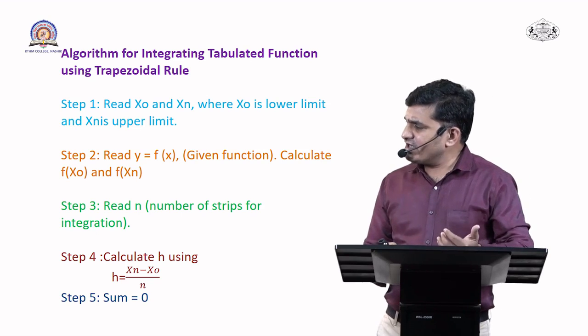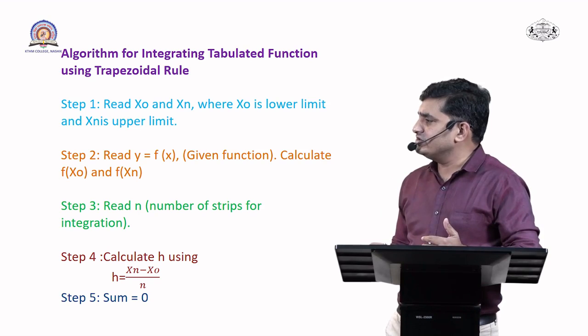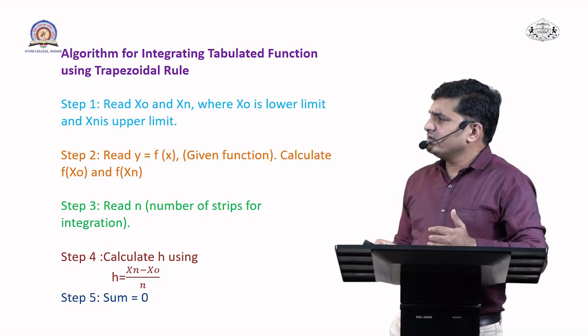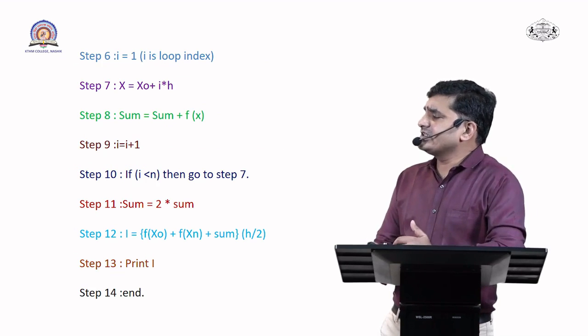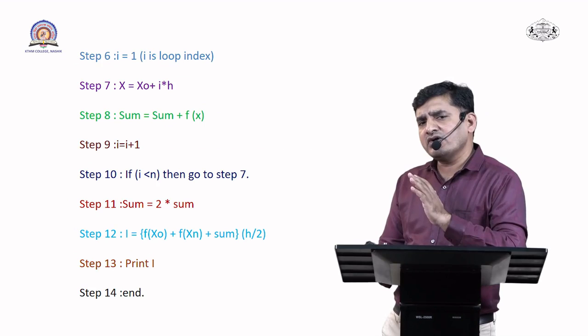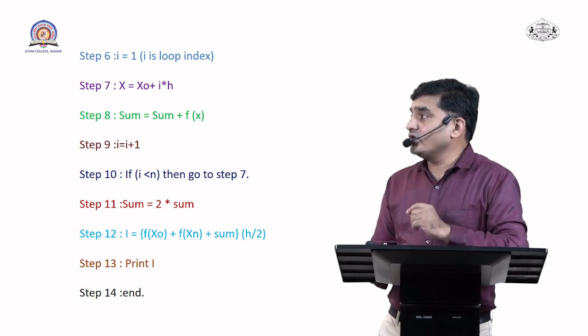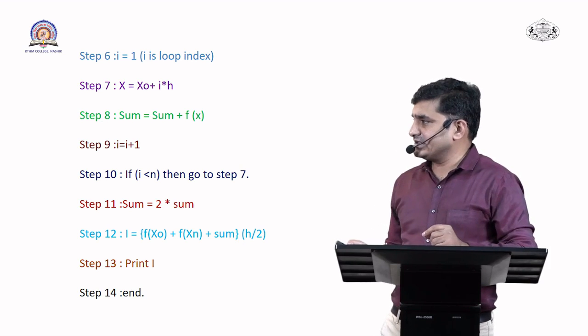Then step 5, consider sum is equal to 0. Then step 6, i is equal to 1. Now we have to initialize i is equal to 1, where i is the loop index.